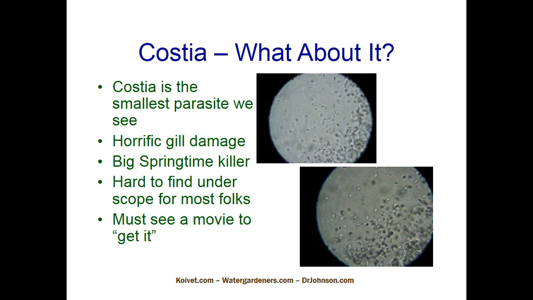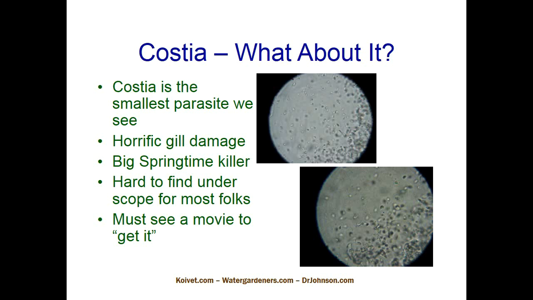Probably the most effective treatment for that would be something like Clout, and formalin malachite also works pretty well with it. One of the things that's interesting about this particular ciliated protozoan parasite is Costia can dry on stuff. So let's say you had a tank full of Costia, and you removed the driftwood to treat the tank, and the driftwood dries out, so you're pretty sure that you don't have a disease organism going back in.